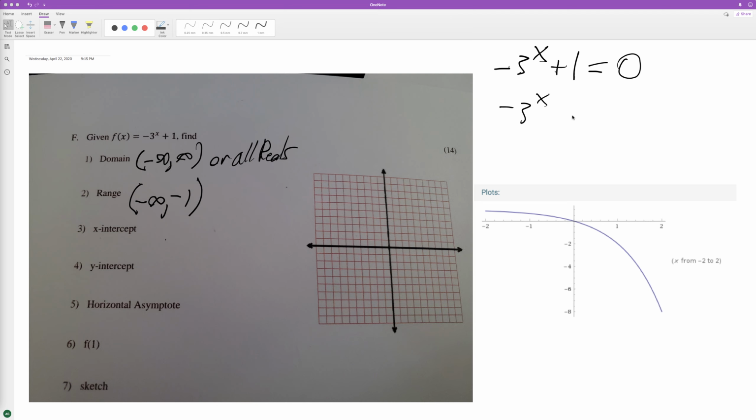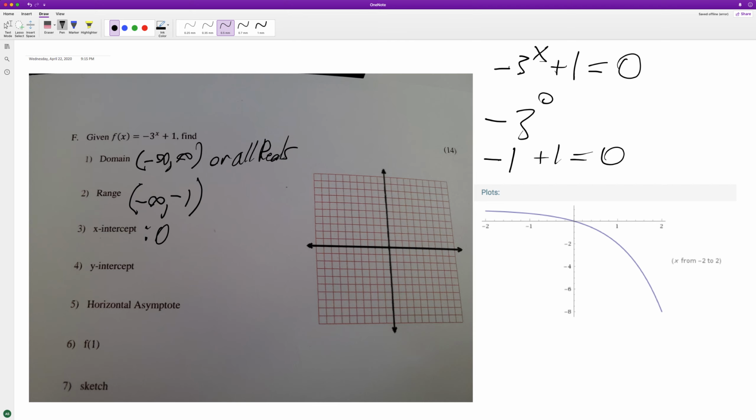That makes sense. It's just 0, and I'll show you why. It's because when you raise 3 to the 0, it turns this into a 1, and then the negative 1 plus the 1 equals 0. So it's going to be 0, 0.